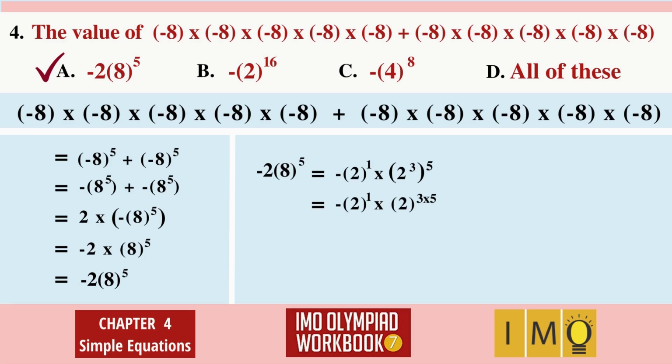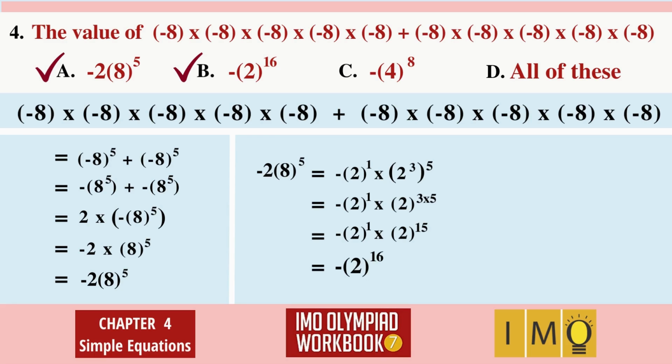That gives us minus of 2 to the power of 1 into 2 to the power of 3 into 5, which becomes minus 2 to the power of 1 into 2 to the power of 15. That will result in minus 2 to the power of 16, which is option B. So both A and B are correct.